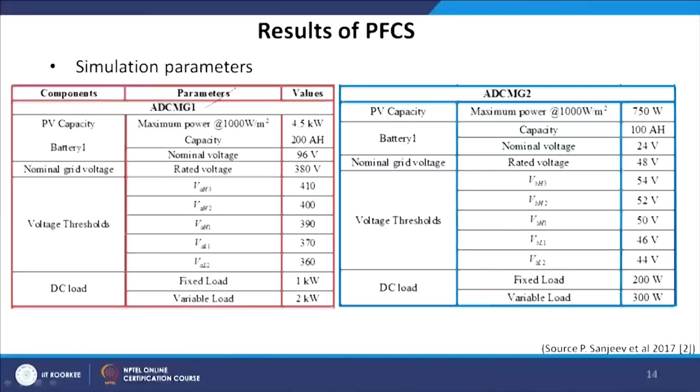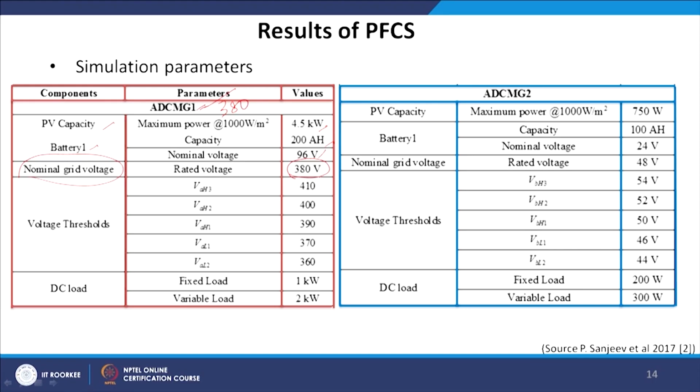Now, two microgrids have been considered here, and we will see the ratings that have been considered before simulation. First of all, let us consider autonomous DC microgrid 1, where we consider a PV capacity of 4.5 kilowatt, then a battery of capacity 200 ampere hour and nominal voltage of 96 volt for these two, and very importantly the nominal grid voltage considered to be 380 volts for my DC microgrid 1.